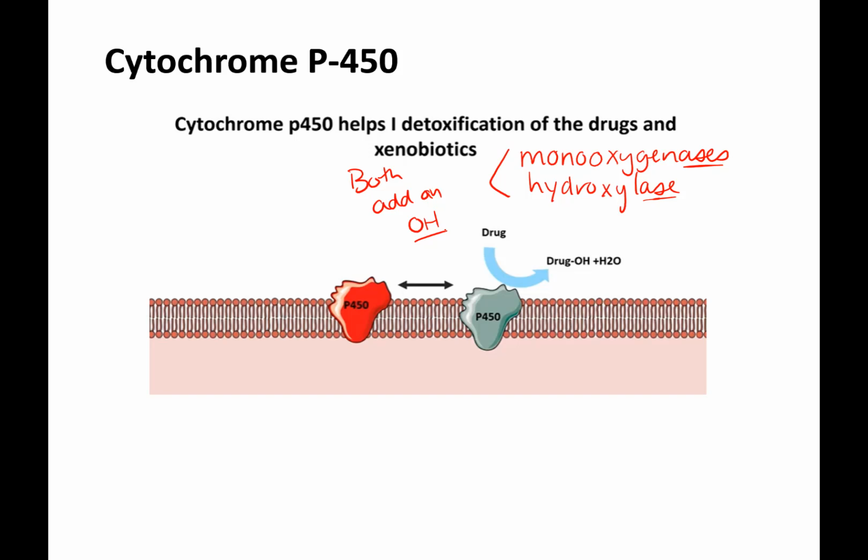So if you have a drug and you add this hydroxyl group onto it, it becomes more water soluble. So both monooxygenases and hydroxylases add OH groups to a compound. They just do it by different mechanisms.